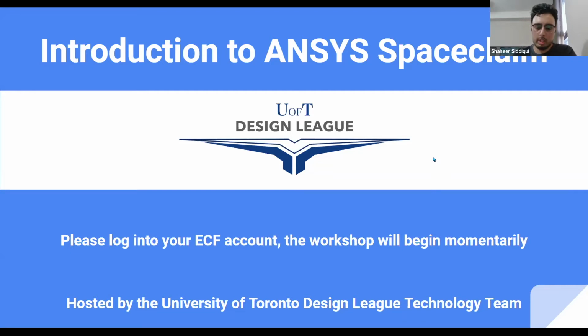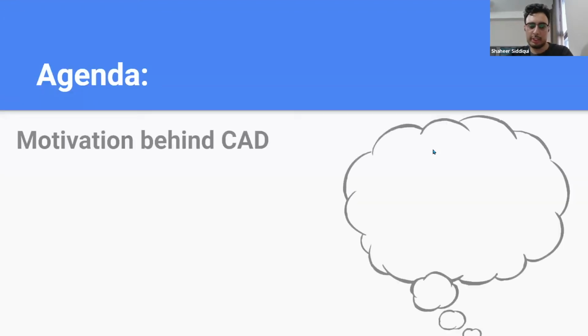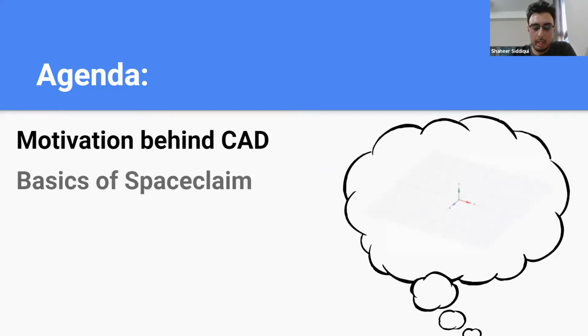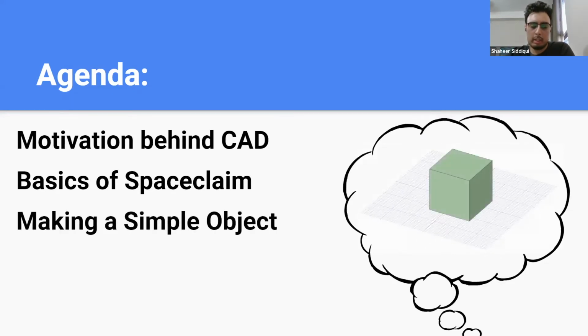So just to go briefly over the agenda, like I said, I'll be going over the motivation behind CAD. Then I'll open up Spaceclaim and you can follow along with your program or just watch, and I'll show off the interface of Spaceclaim and what Spaceclaim generally is. I'll then make a simple object while showcasing the most important features that you may be using in Ansys Spaceclaim.